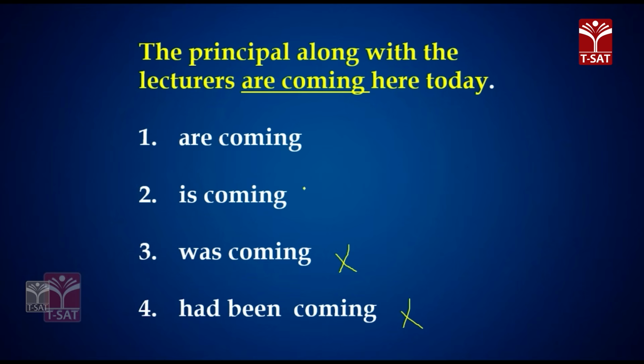So, the right answer is the principal along with the lecturers is coming. The head word is the principal. So, there must be agreement with the word principal and coming. So, here the problem with the number feature. The principal along with the lecturers is coming here today. Let us see the next one.